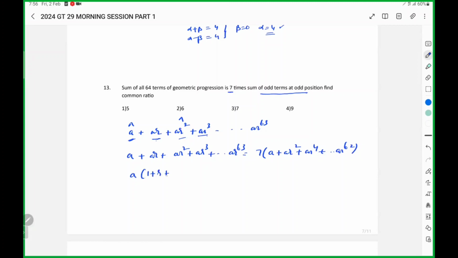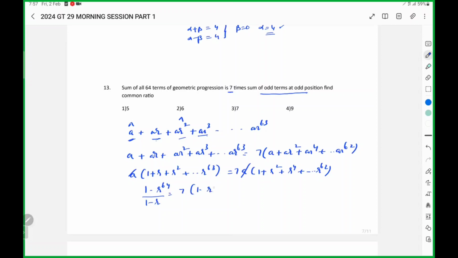If you take common, 1 plus R square, 1 minus R power 64 by this.